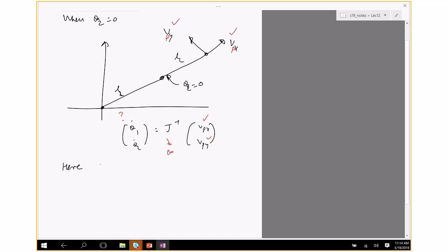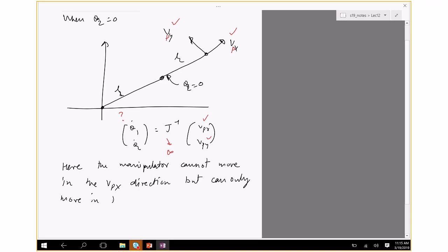Here the manipulator cannot move in the VPX direction, but can only move in the VPY direction.